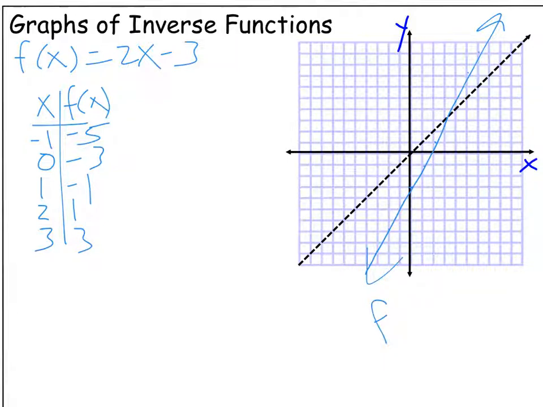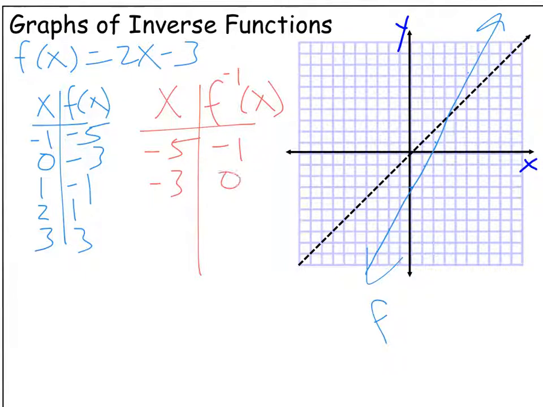There's f. Again, this is a great point to switch over and now say, all right, let's get some points to start to build this graph for f inverse, because I can just go through my first table and everything just switches.